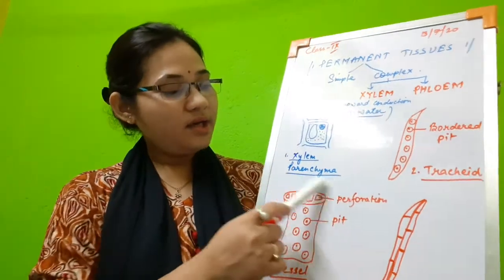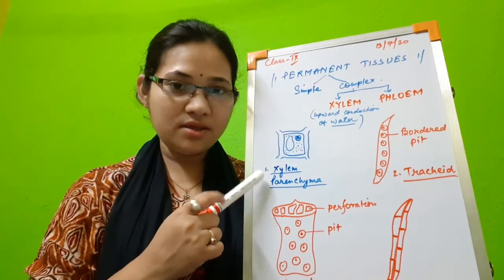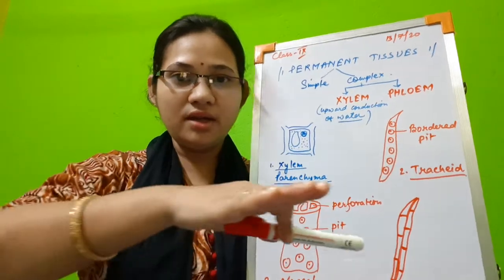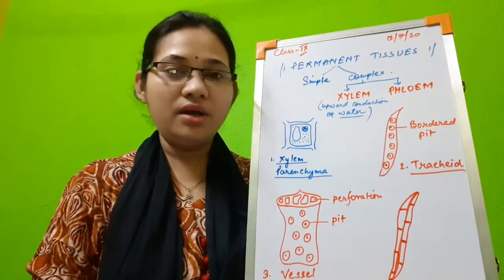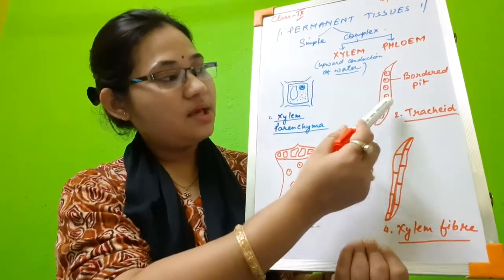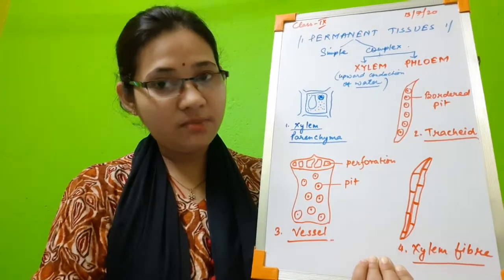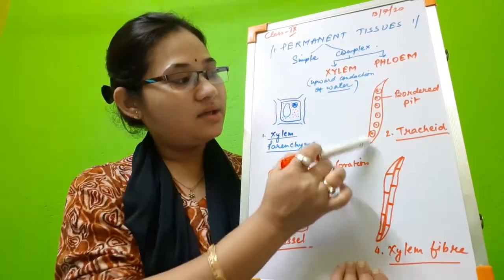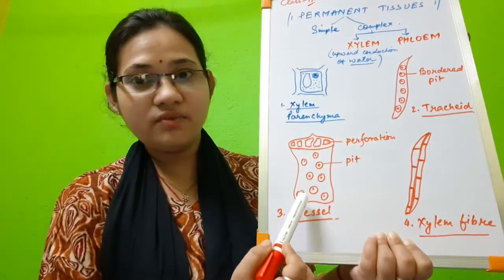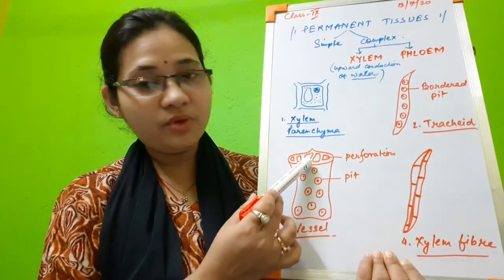Now xylem parenchyma, because it is living in nature, helps in storage of substances, photosynthesis, and radial conduction of water. Radial conduction means in the same plane. Whereas tracheids and vessels are more or less similar, but tracheids have tapering ends, and their shape is a little bit different from vessels, which are vessel shaped, and vessels have perforations.